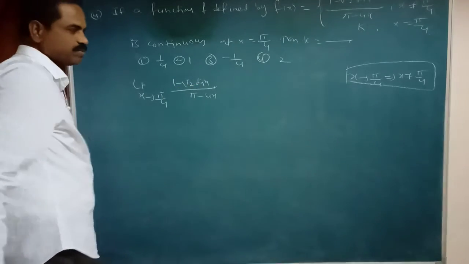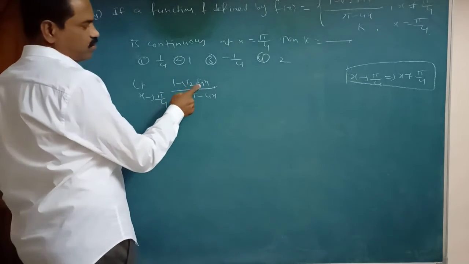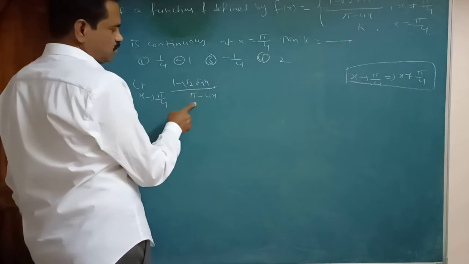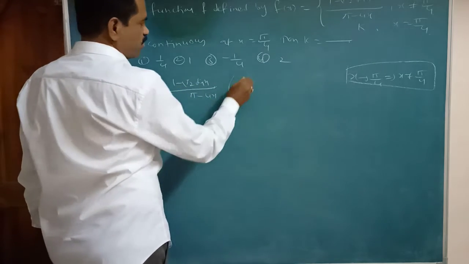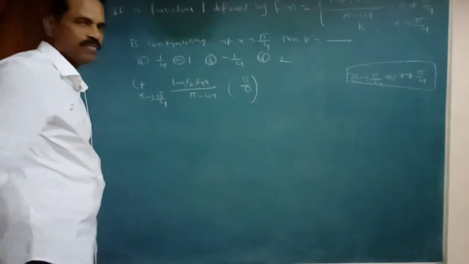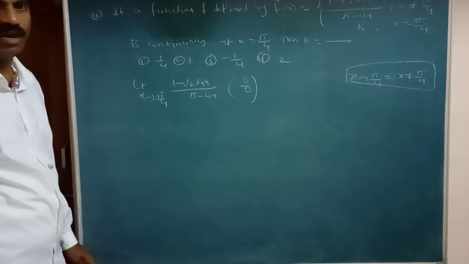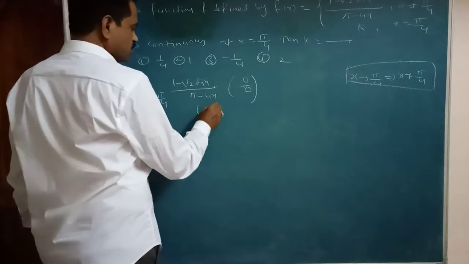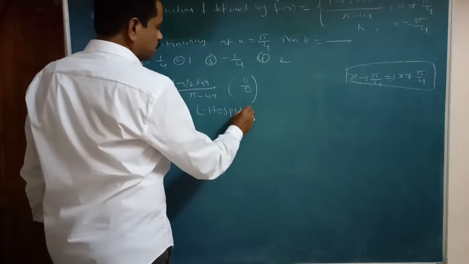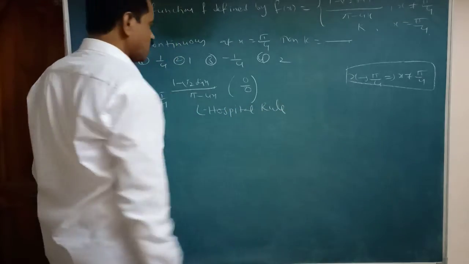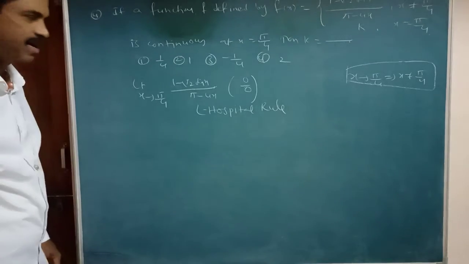Substitute x equal to pi by 4 here: sin pi by 4 is 1 by root 2, root 2 cancels, 1 minus 1 is 0. The denominator is also 0. It is of the form 0 by 0. When it is 0 by 0 or infinity by infinity, apply L'Hospital rule: derivative of the numerator, derivative of the denominator.